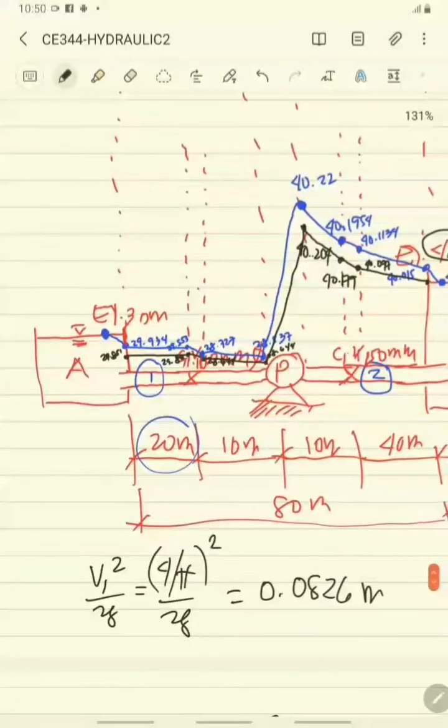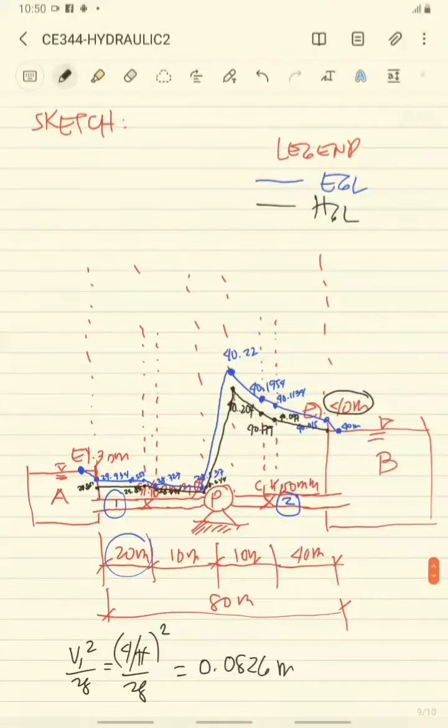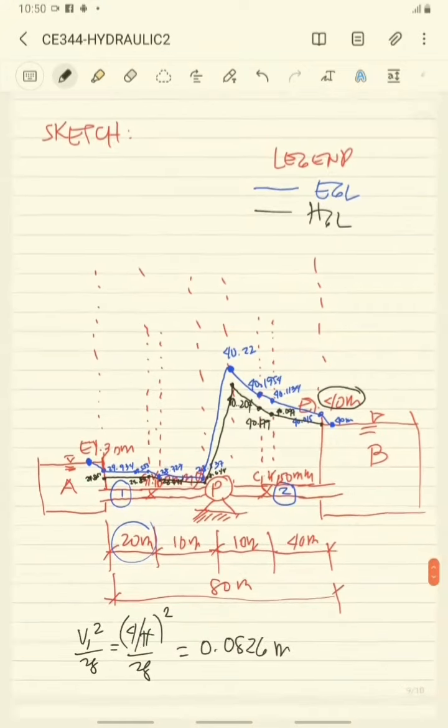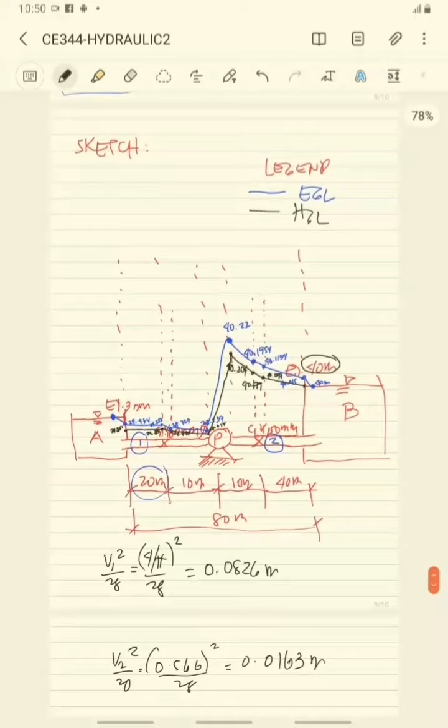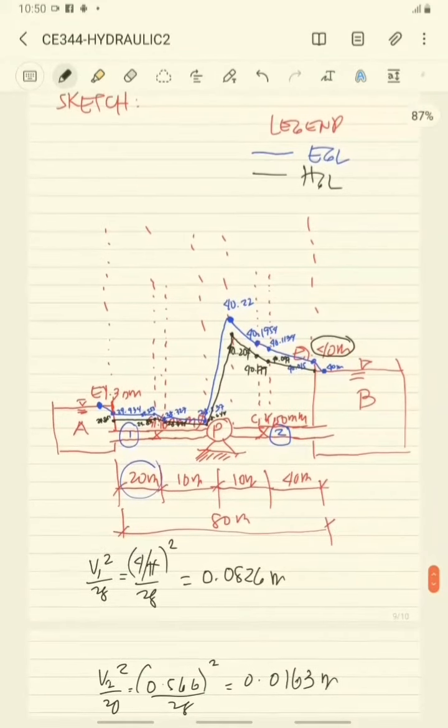So this is my answer for the sketch of my hydraulic grade line. I hope you understand and you can rewrite all of this in your notes. Thank you.